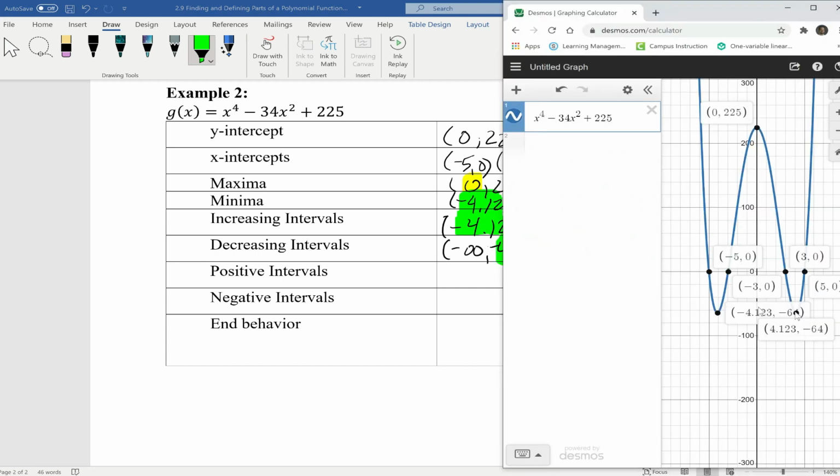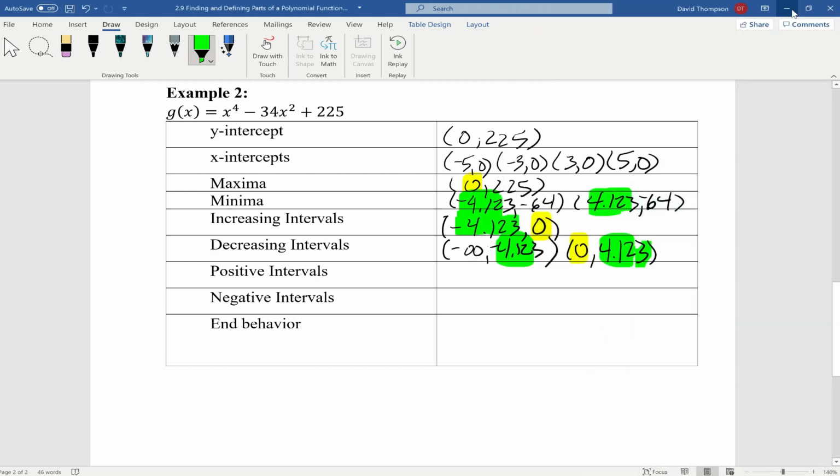And then if we look at our graph, from 4.123 to positive infinity, we're increasing again. So let's write that down. 4.123 to positive infinity. And 4.123 is one of our minimums.